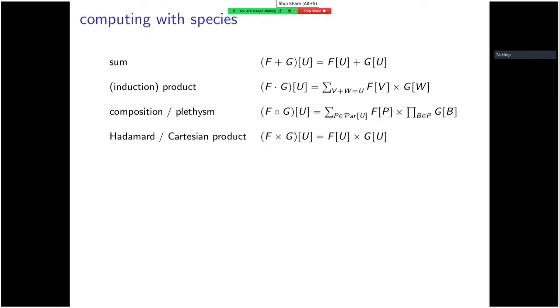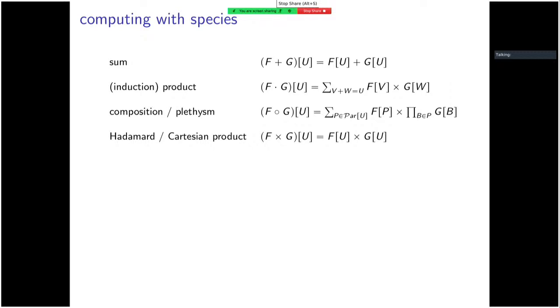Or actually, I can state it for those who know some representation theory already. It comes from inducing from a Young subgroup to the symmetric group.